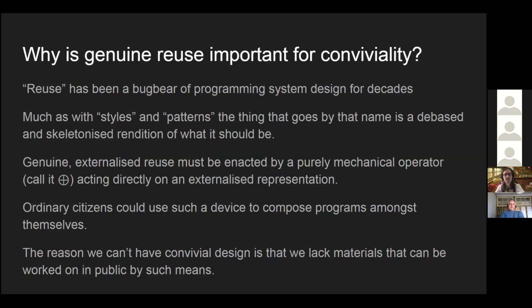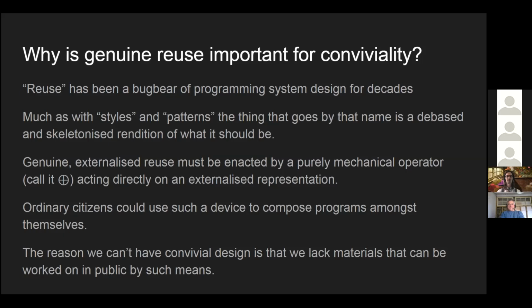So genuine externalized reuse must be enacted by what we will call a purely mechanical operator, which we'll denote by this operator circle plus, but we're noticing that this is not a formal operator of the kind that type theorists and others like to sling around.